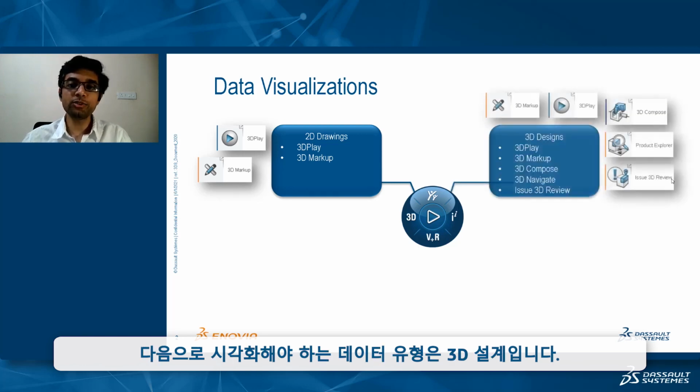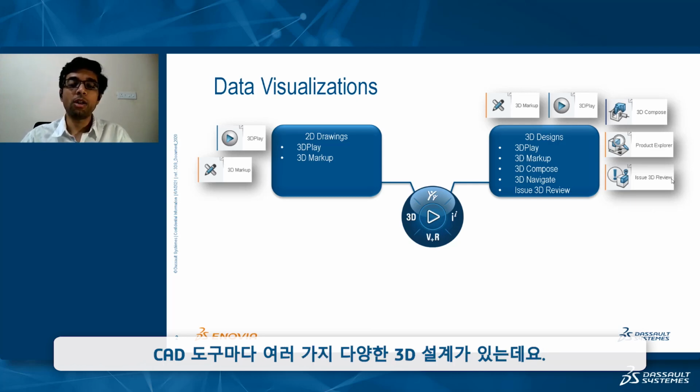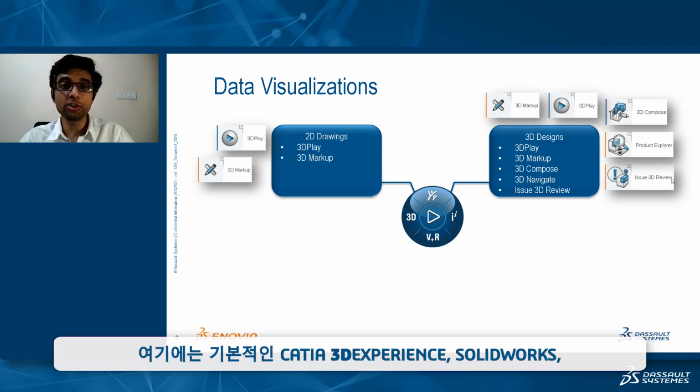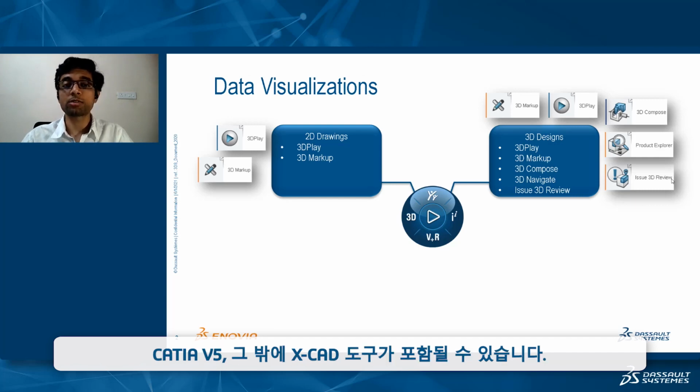Then coming to the next type of data, which could be 3D designs. There are a lot of different 3D designs coming from different CAD tools. It could be native CATIA 3D Experience or SolidWorks or CATIA V5 or any other XCAD tool for that matter.